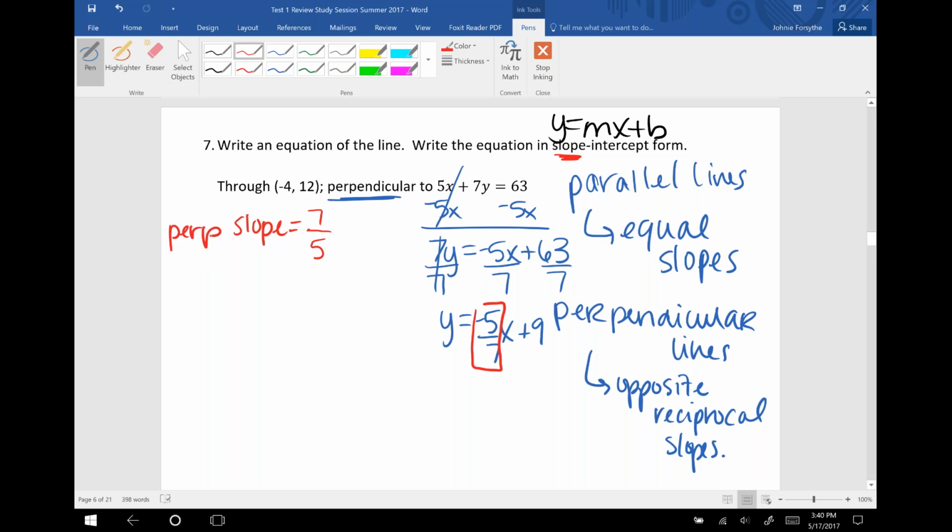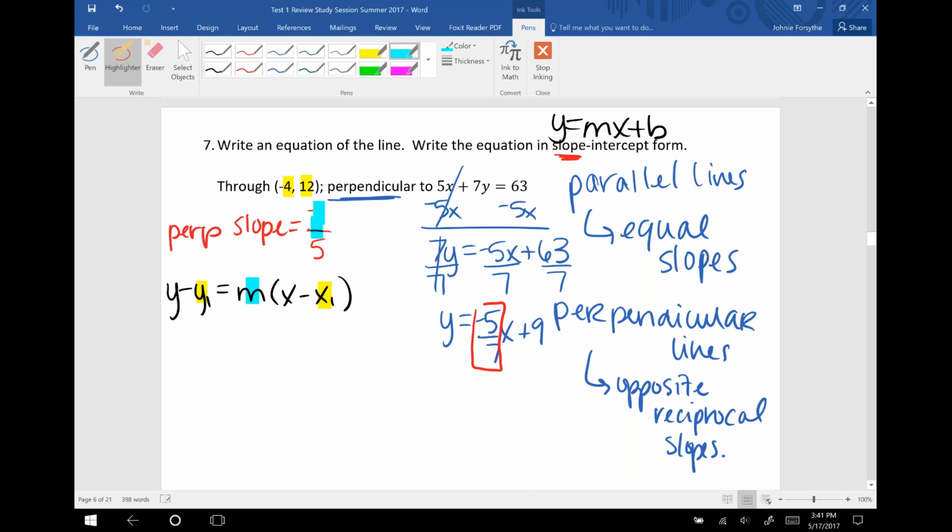Okay? We have a point to use, -4, 12. So now we can use point slope form. Y minus y1 equals m times x minus x1. We can use the point that was given to us.